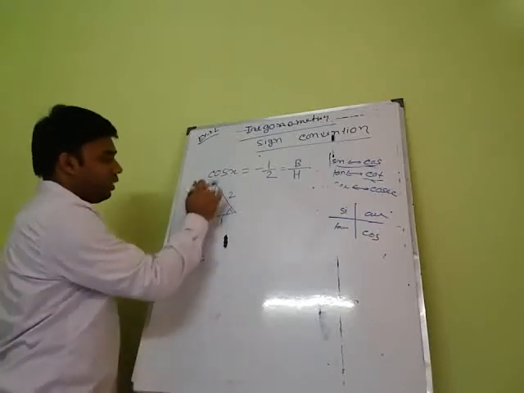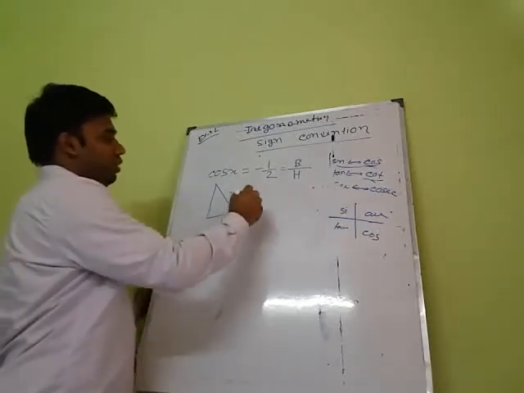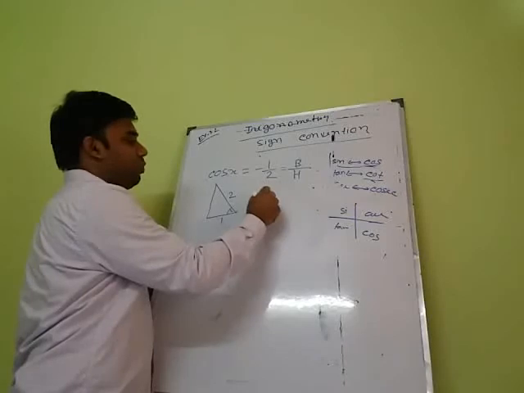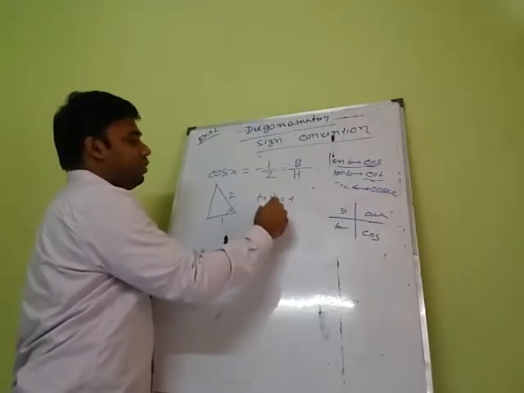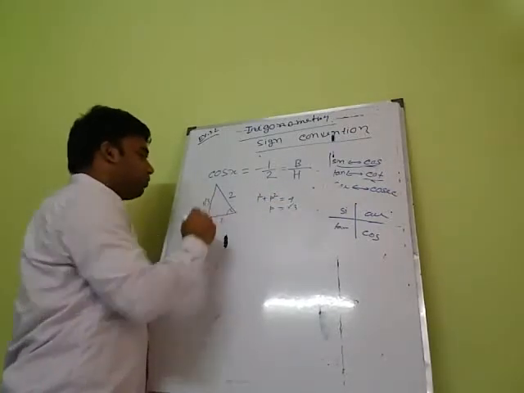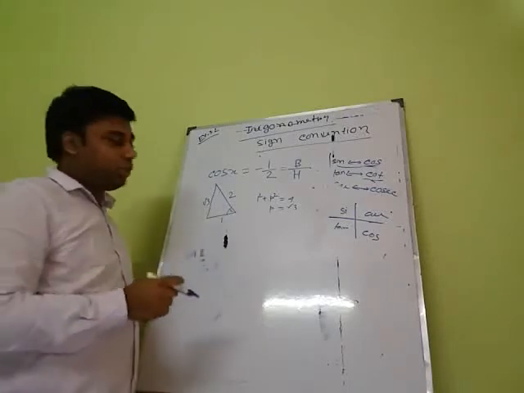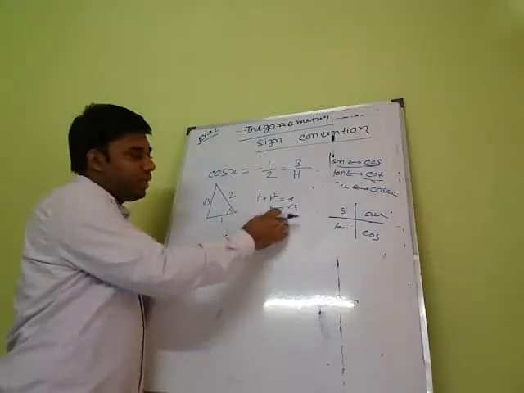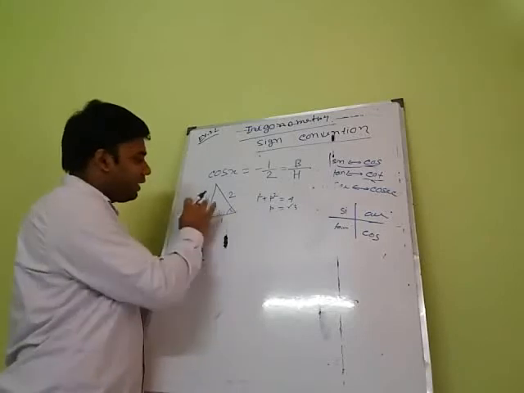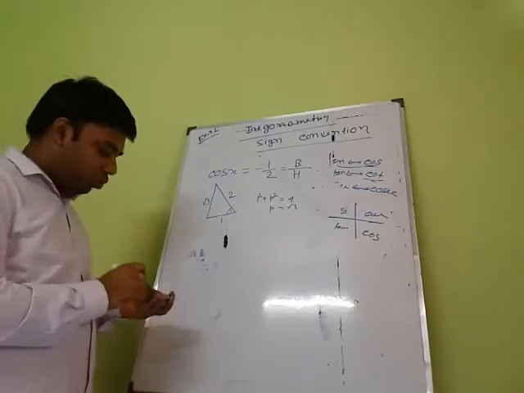What will be the value of the perpendicular? We know that 1 squared plus p squared equals 4, so p equals root 3. That is plus or minus root 3, but perpendicular means the length of the perpendicular, which cannot be negative. That's why I take plus root 3.